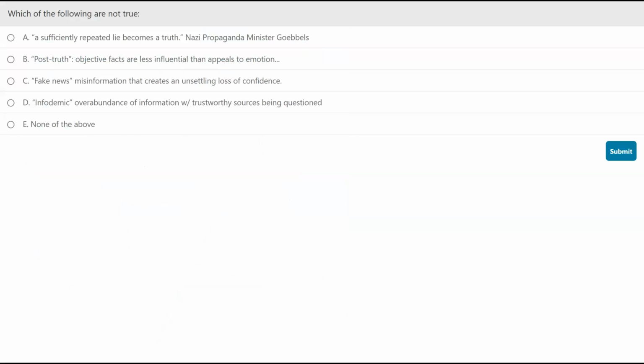All right, back to work again. You ready? Okay, which of the following are not true? A, a sufficiently repeated lie becomes a truth. That's from the Nazi propaganda minister Goebbels. B, post-truth: objective facts are less influential than appeals to emotion. C, fake news: misinformation that creates an unsettling loss of confidence.